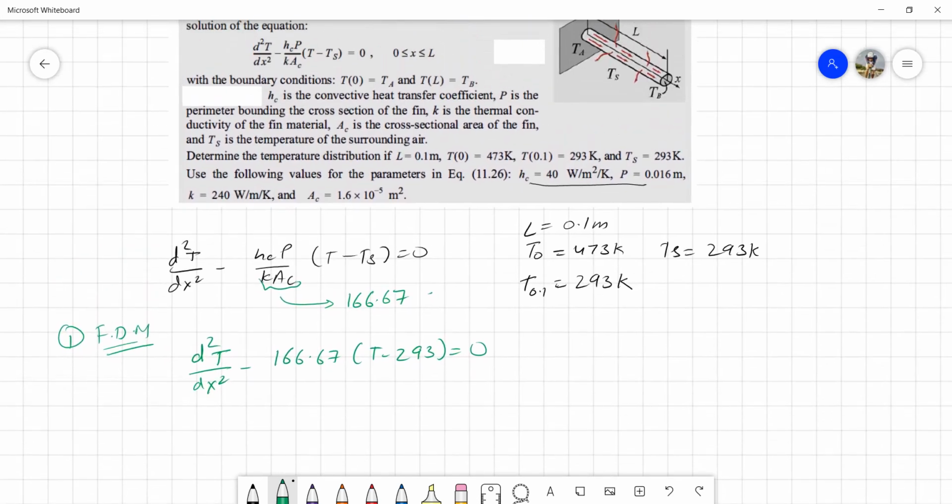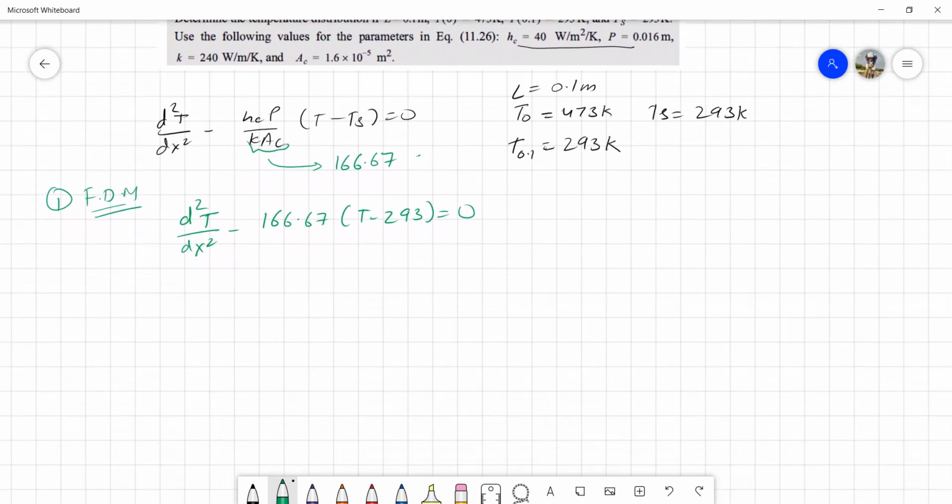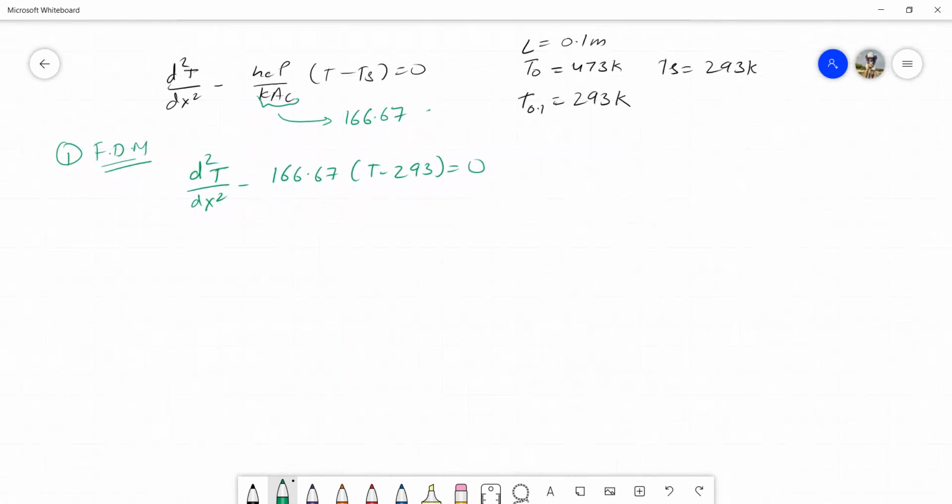Now further, nothing else is given, so it depends upon us how many divisions of the fin we want. Let's take this as x equal to 0 and this as x equal to L. So let's divide into 5 parts. Then the points are x equal to L by 5, 2L by 5, 3L by 5, 4L by 5, and L. Clear?